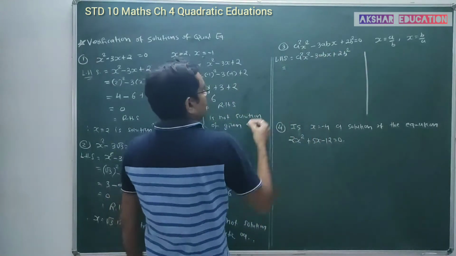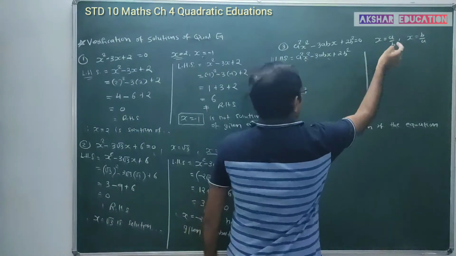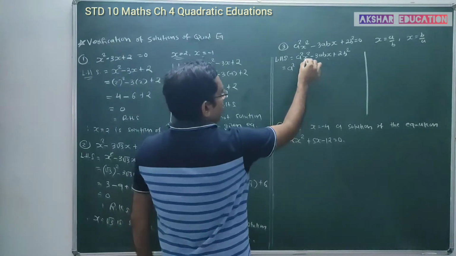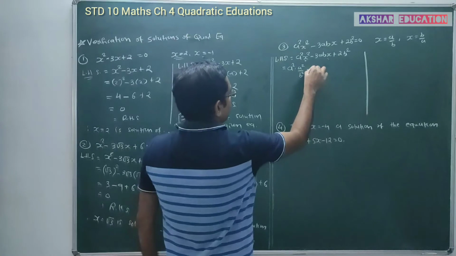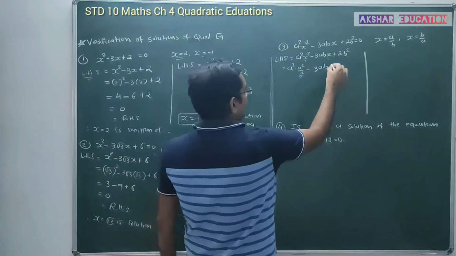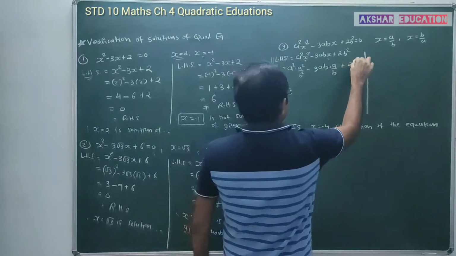Now we are putting the value of x equal to a by b. So this is a square into x square, which is a square by b square, minus 3ab, and again x, which is a by b, plus 2b square.